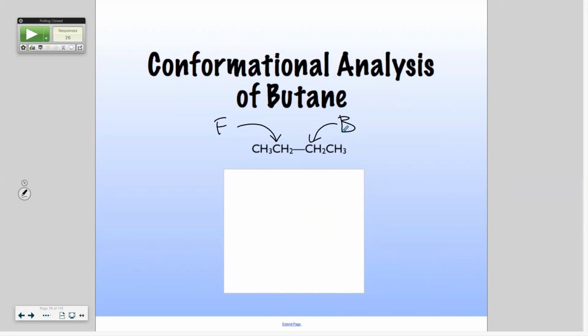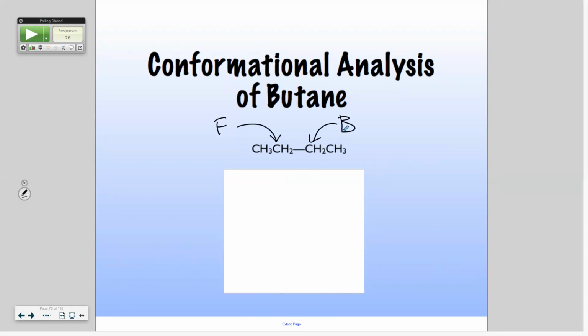And then the front carbon is attached to the back carbon. What's attached to the back carbon? 2 hydrogens and a methyl. If it was something else, you would write it. So if it was a chlorine, a bromine, or an ethyl, you would write CH2CH3.